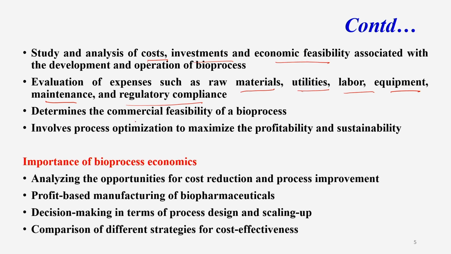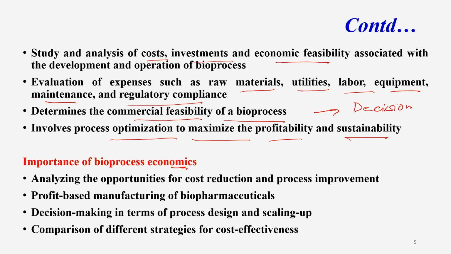Based on that it determines the commercial feasibility of a bioprocess. It helps in further decision making. In addition, it involves process optimization, how to maximize the profitability and ensure that the process is sustainable.